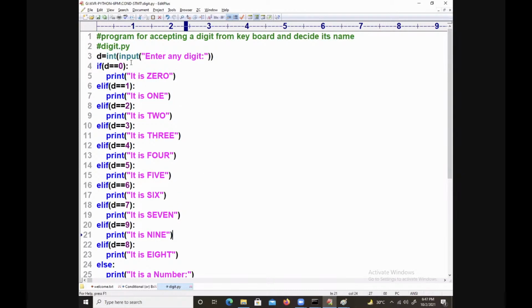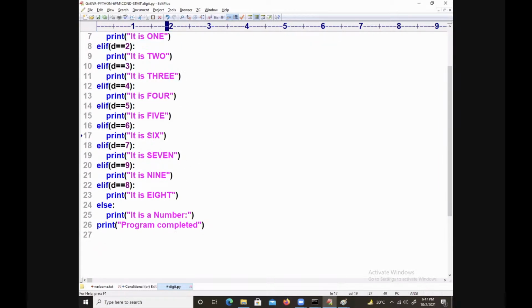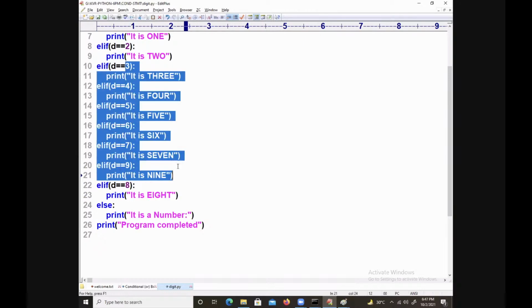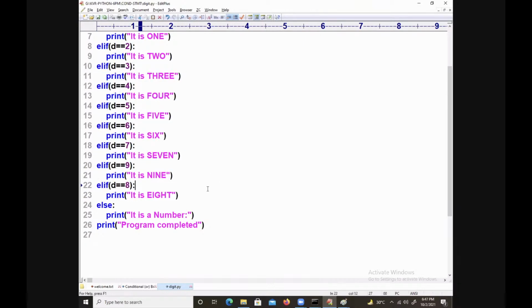Okay. So can you write the same program using if-else statement? Can you try using if-else statement? You have already written the question. You write by yourself. Open it, write down, rewrite the above program. This one is using elif. Try to take it as an assignment and do it by yourself.